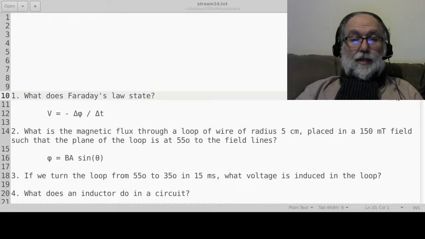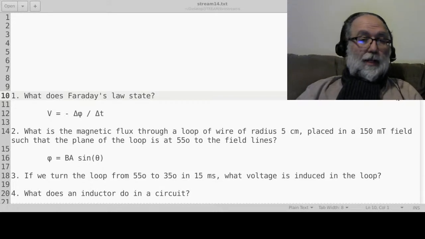There's quite a bit there, especially for Physics 102, and so we're doing the second half, starting with flux. We studied flux, the current induced by changes in flux, and then a new electronic component called the inductor and what it does in circuits, like an LR circuit and an LC circuit. So we're going to do problems on that.